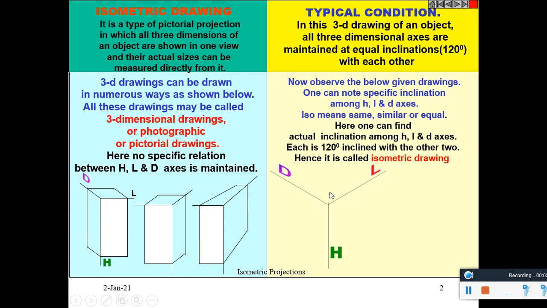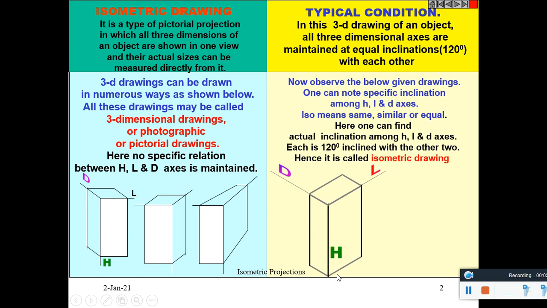But here this length, height and depth are inclined at 120 degrees to each other. Hence it is called an isometric drawing. These angles are 120 degrees with each other.